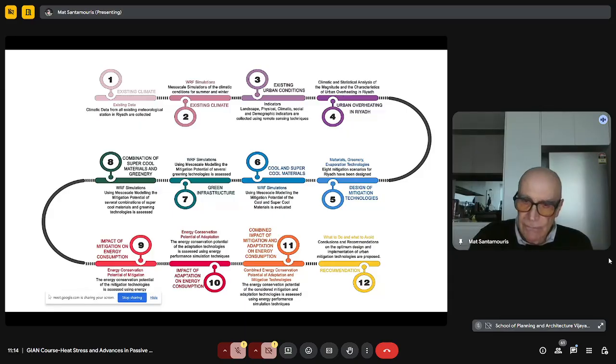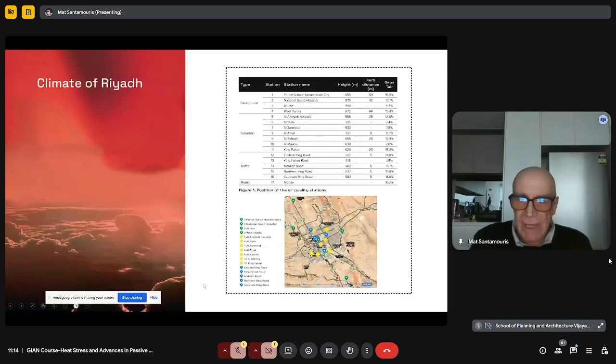So I would like to move to the next slide and start presenting the different steps that I have shown you before. The very first one was the analysis of the climatic data.